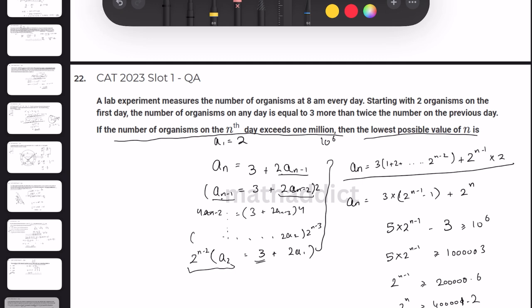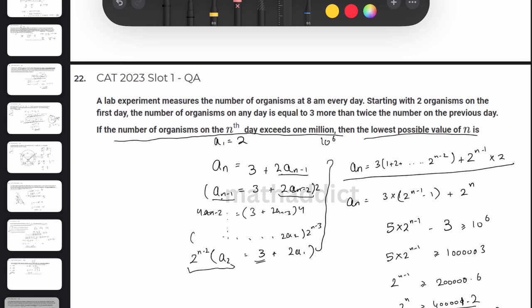So 2 to the power of 10 is 1024, and 2 to the power of 12 is 4096. So multiplying these two will be more than this. So 2 to the power of 22 should be greater than or equal to this, and I think 2 to the power 21 would be less than this.